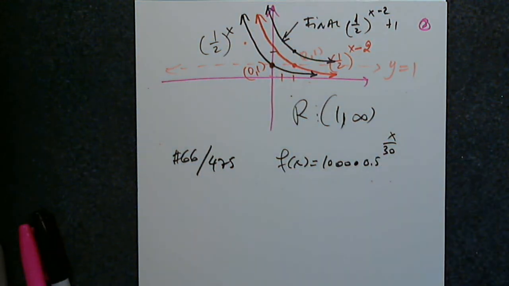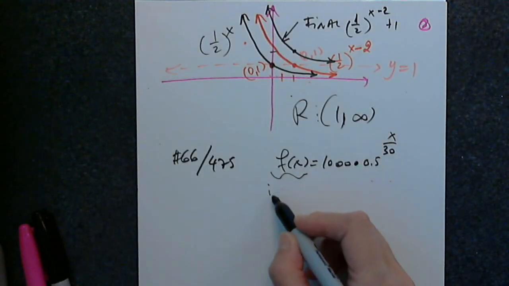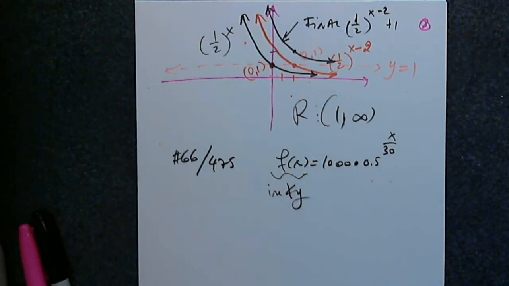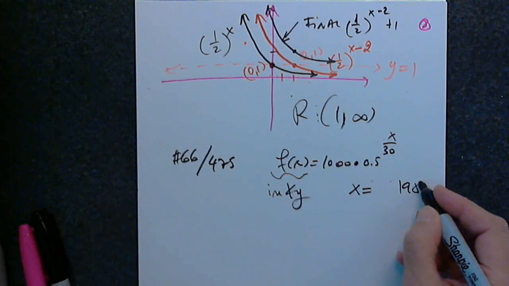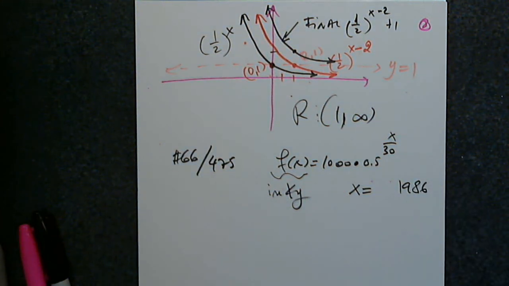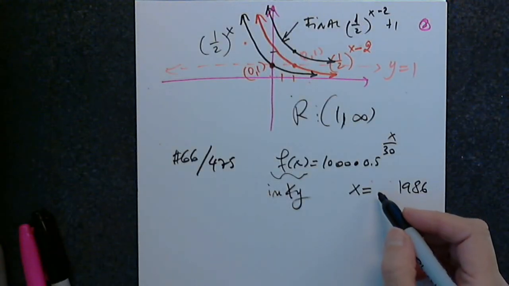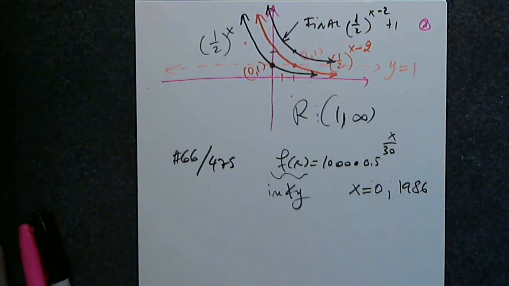It's up to you. It says the function describes the amount f of x, take notes, in kilograms, x years after 1986. So what is x for 1986 if x is the number of years after 1986? Say it again. 0. Very good.